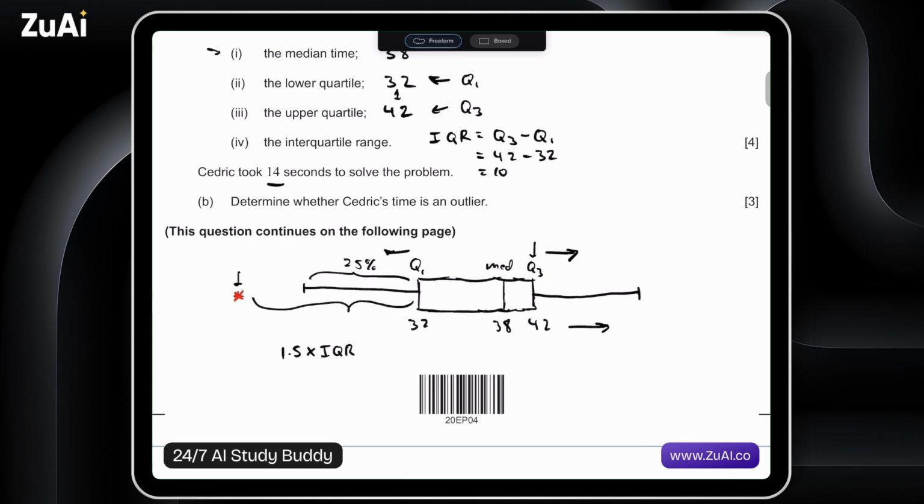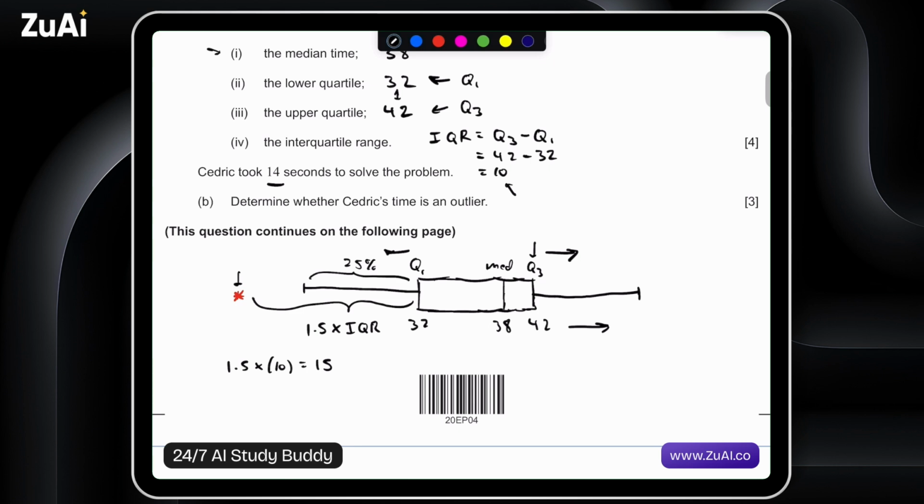So here we go. 1.5 times the IQR below, in this case, Q1, 32. So 1.5 times IQR of 10 is equal to 15.